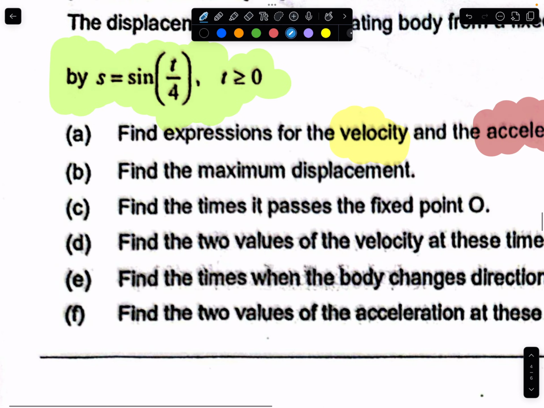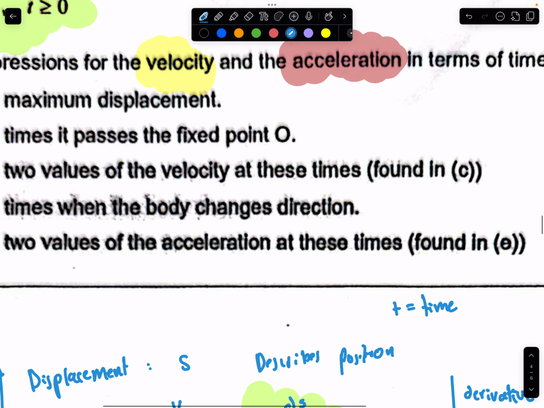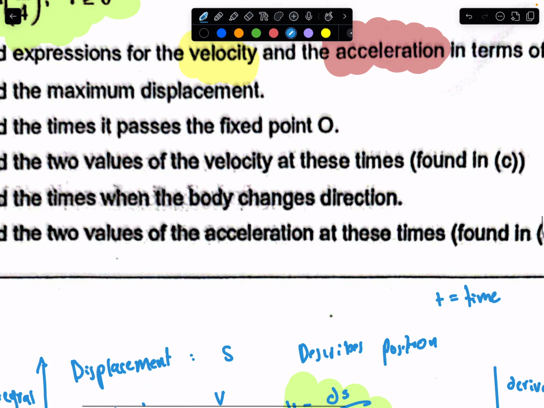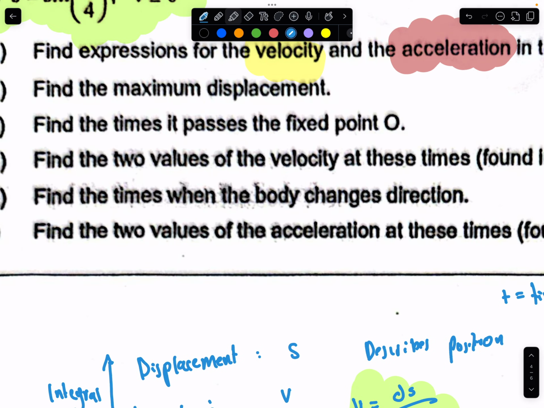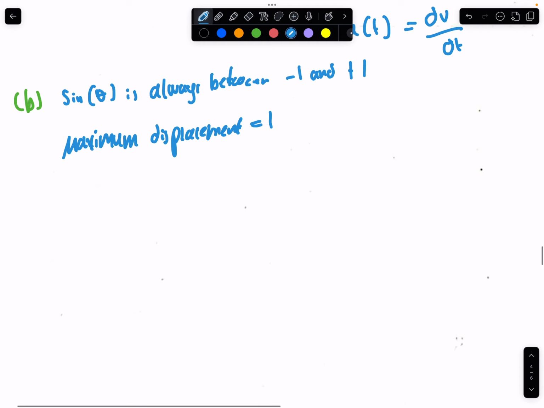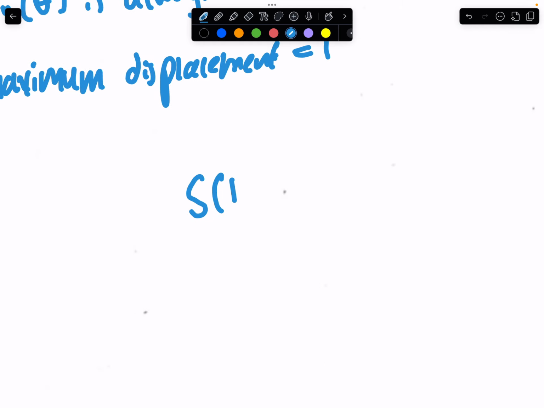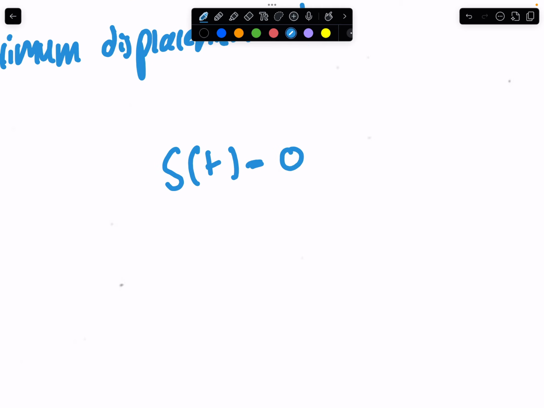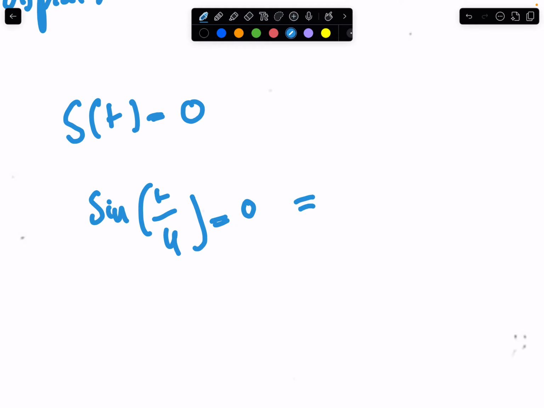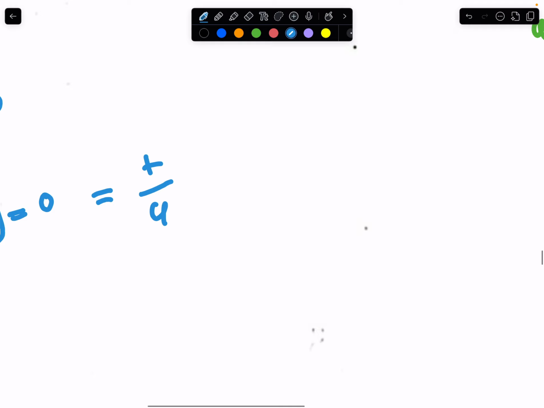To answer C, find the times it passes the fixed point O. What is the fixed point? We have to understand what the fixed point is. The fixed point is when the object passes the center of motion, which means the displacement is 0. So in order to solve this, t over 4 equals 0.